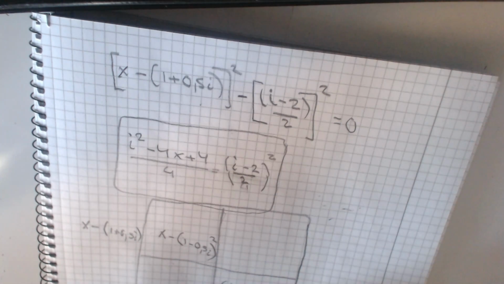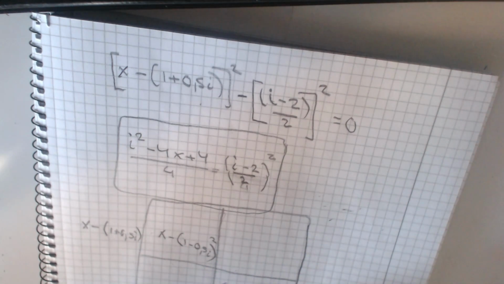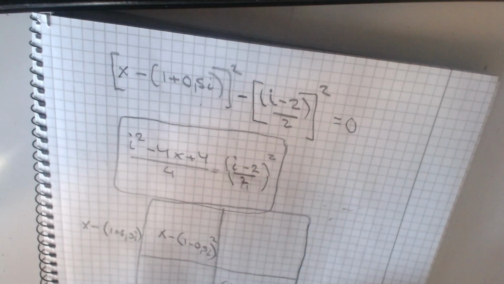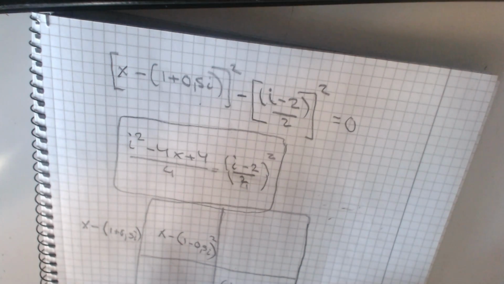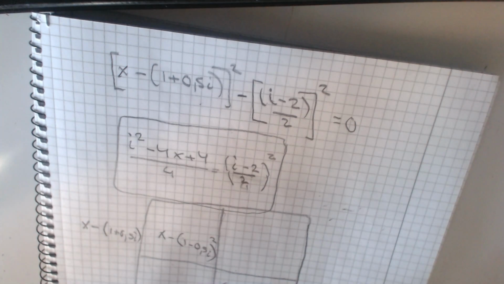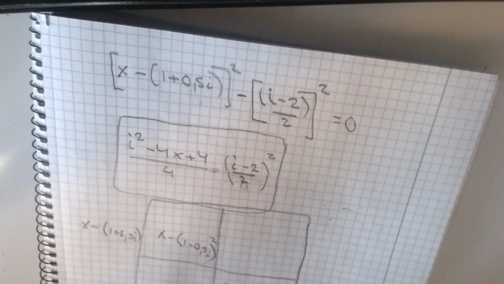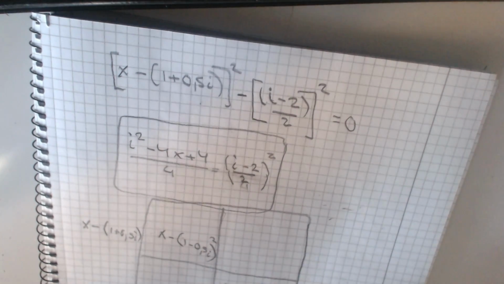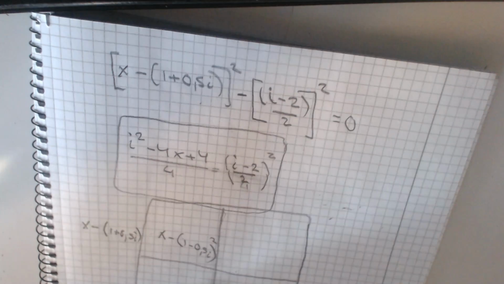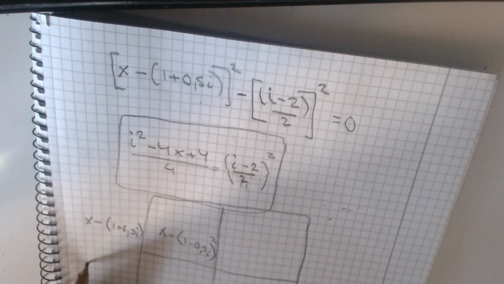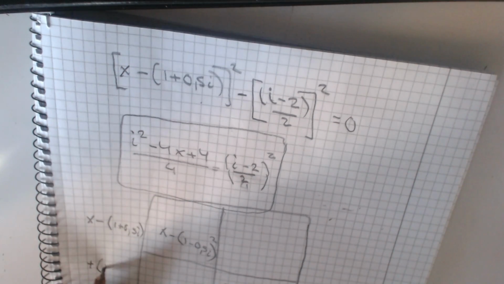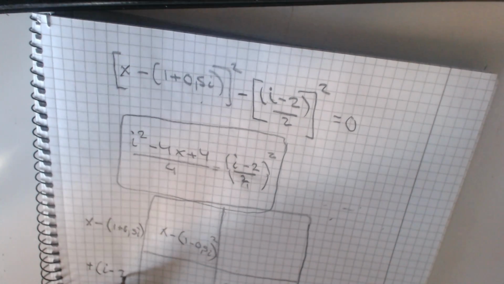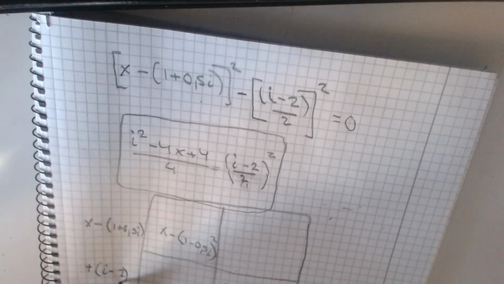This one is minus (i minus 2) divided by 2, and that must be plus (i minus 2) divided by 2.